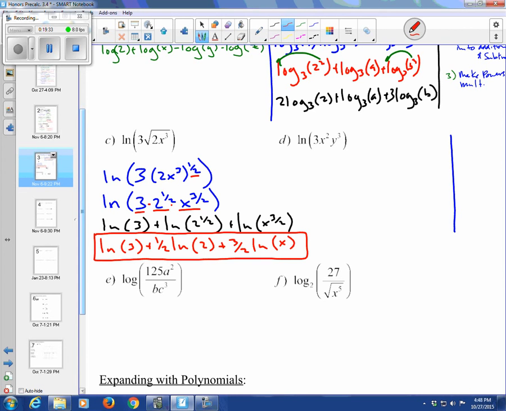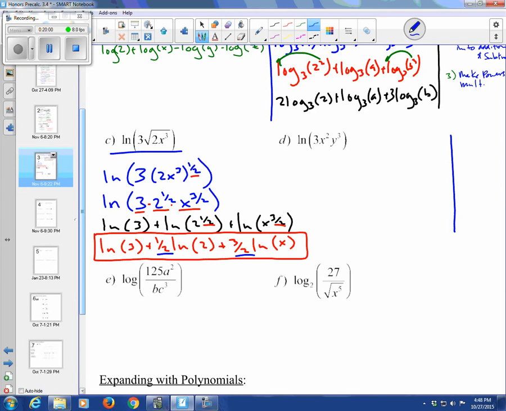Now we're multiplying 3 things inside our natural log, so that's all being multiplied in the numerator. That's going to expand out to 3 positive logarithms, right? And then we can take those exponents of 1/2 and 3/2 and throw them out front and make it multiplication there. So that is the expansion of C.